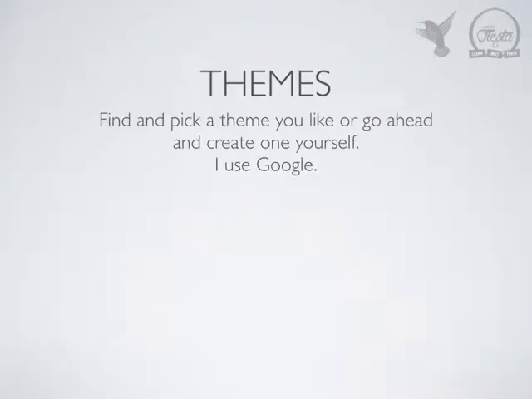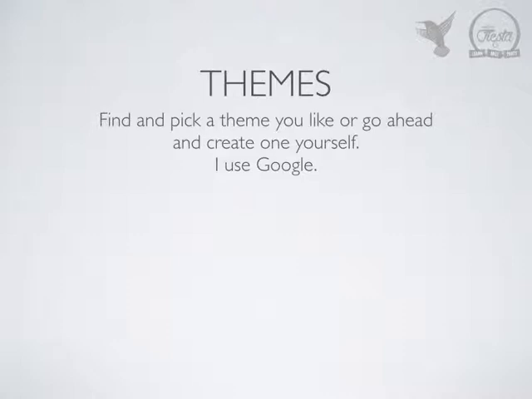And furthermore, Bootstrap is easily themable. So either you're able to find a theme you like, include it in your code, and you will have an absolutely different visual of all those components and CSS code. Or if you like to challenge yourself, you can go ahead and create one yourself.